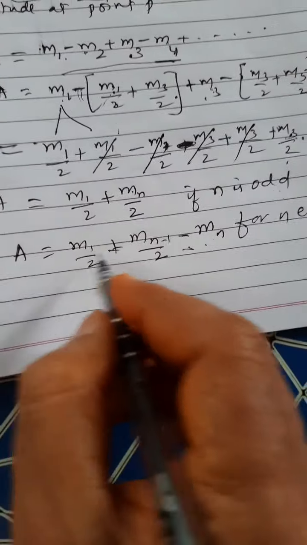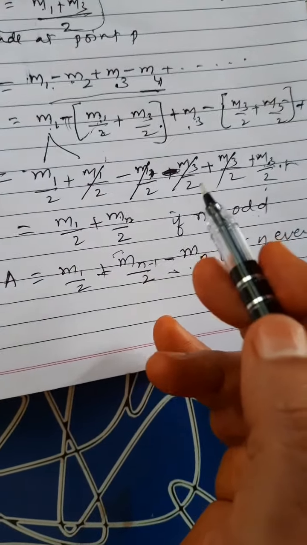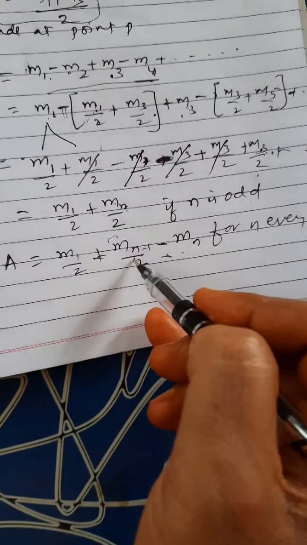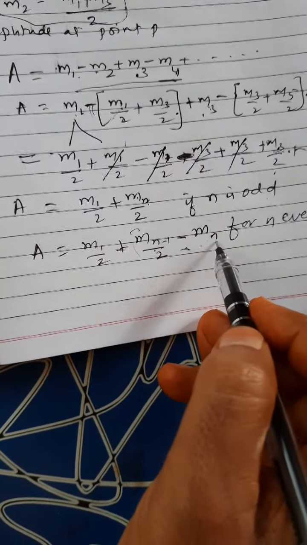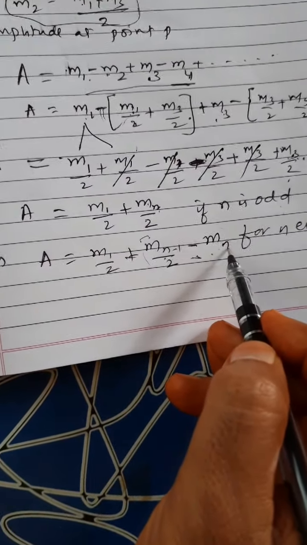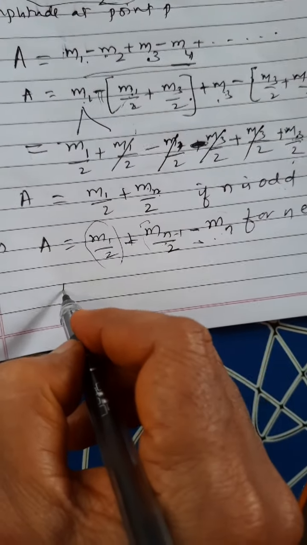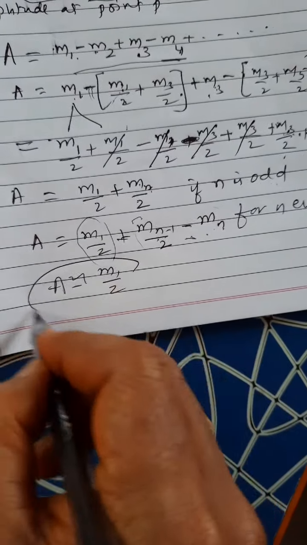So if you are taking n equal to 11 or n equal to 15 or n equal to 12, if that number is very large, then these Mn values are small. For that reason, this is a very important factor. So you can approximately say M1 by 2. This is very important.